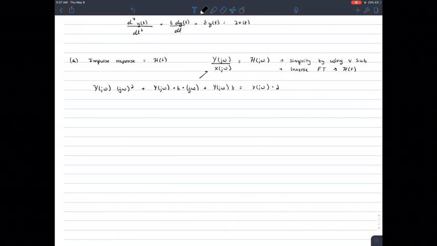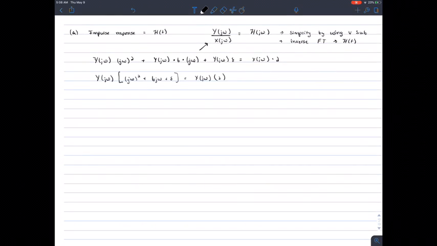Okay, and like I said, looking at this formula right here, we need Y of j omega over X of j omega. So first, let's filter out the Y of j omega. We all did this in differential equations, so it should be pretty fresh in your head. Plus 6j omega plus 8 is equal to X of j omega times 2.